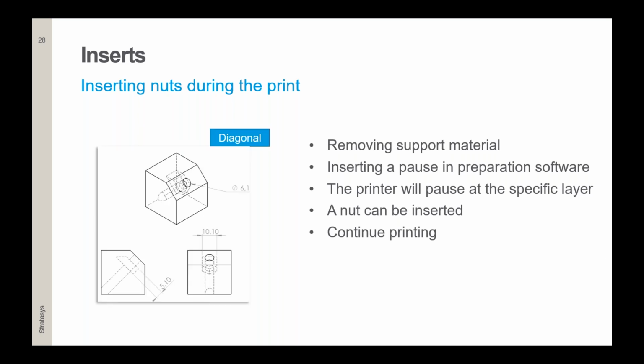You can also use nuts diagonally, and in this case it's actually possible to adjust the angle to be self-supporting, and it could be a much easier option than others, but of course it also depends on your geometry and what you want to achieve.